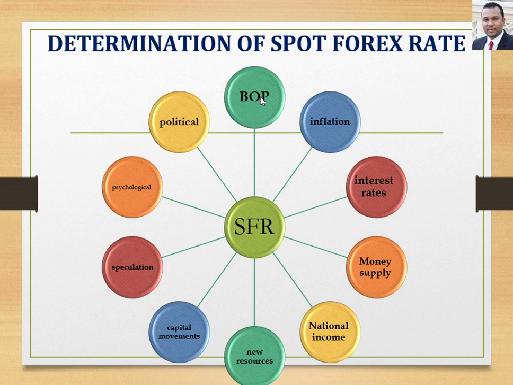The next side we talk about is international payment. International payment includes all economic transactions which lead to an outflow of foreign currencies, like when you import goods, when you import services, when you export capital, and unilateral transfers to abroad.